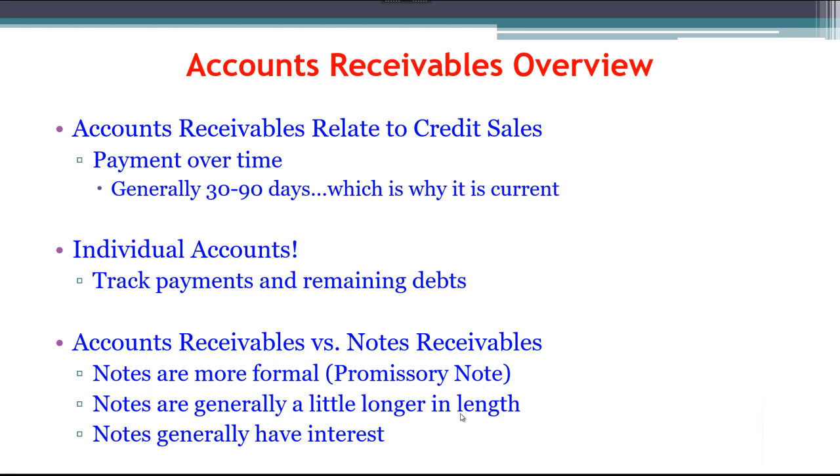Notes tend to be a little bit longer in length. They don't have to be long-term, but they can be. Notes receivables can be either short-term or long-term, depending on the situation. Because they tend to be a little bit longer term than the accounts receivables, there's generally interest attached to them, and it's part of the promissory note.